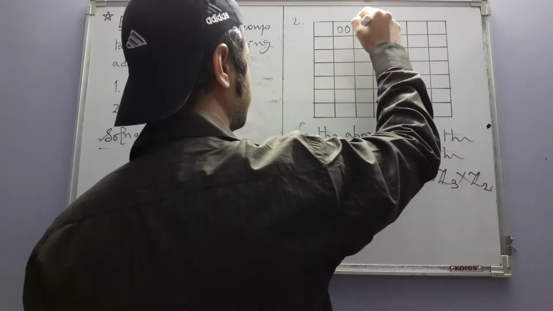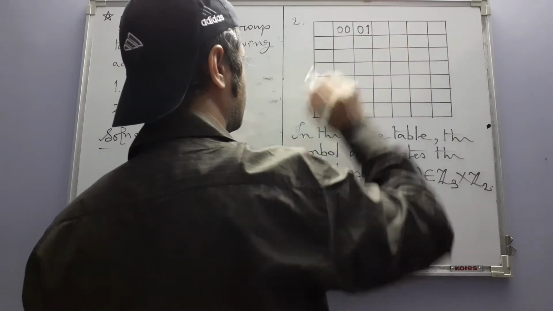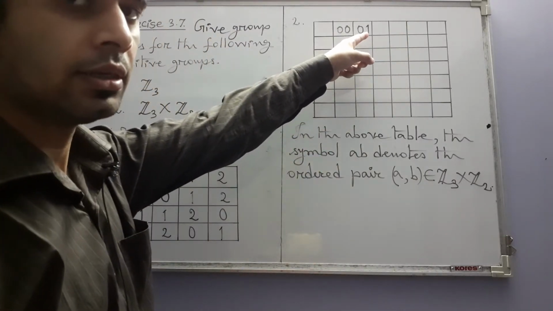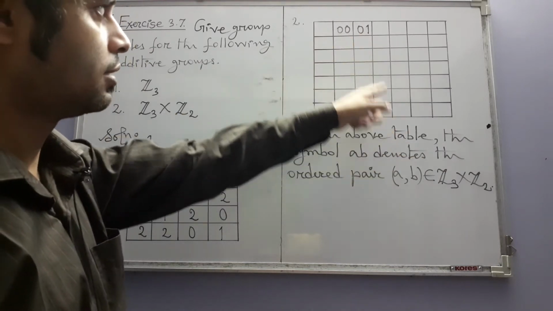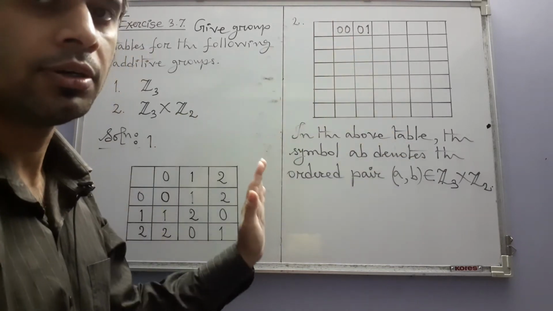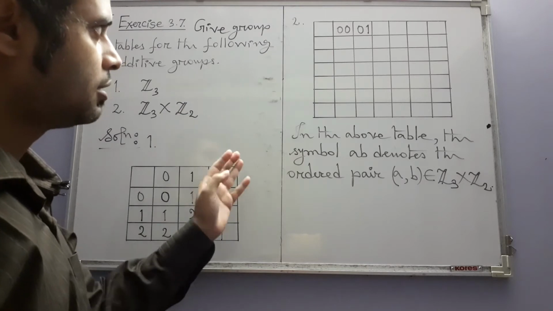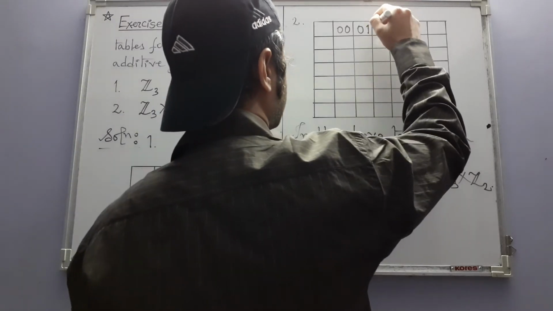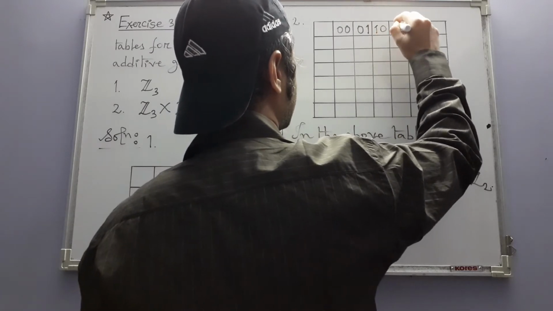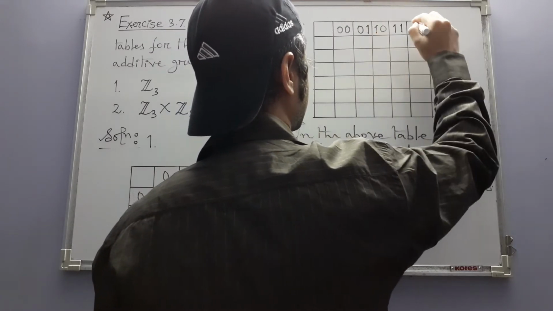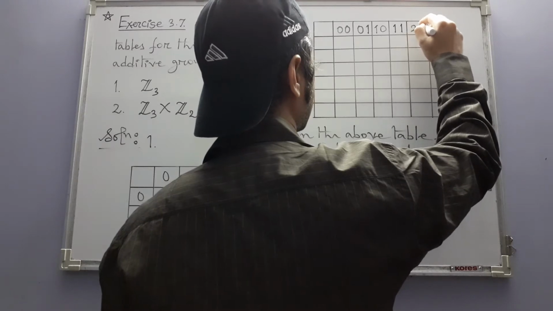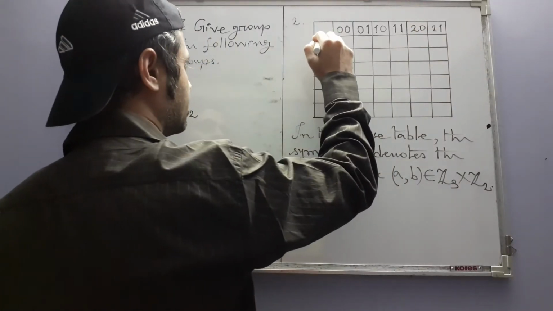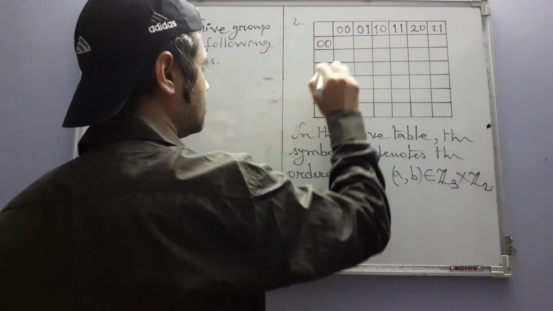00, 01. The second number in each such symbol is coming from Z2, which is either 0 or 1. And the first number is either 0 or 1 or 2. So 10, 11, then 20, 21, like that. 00.